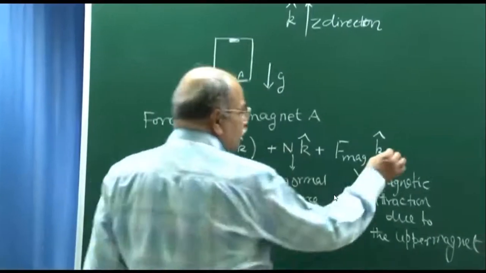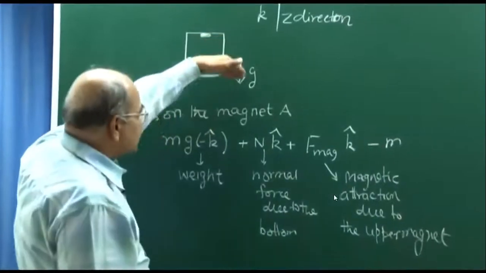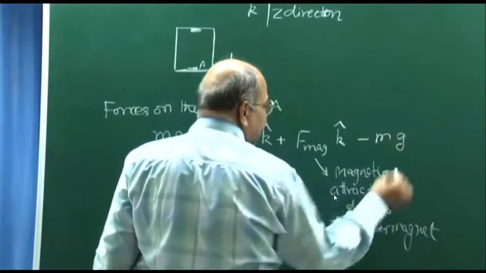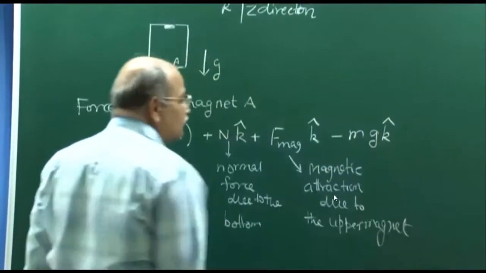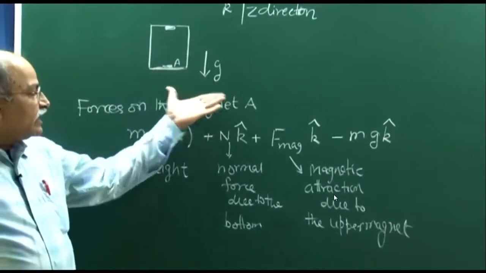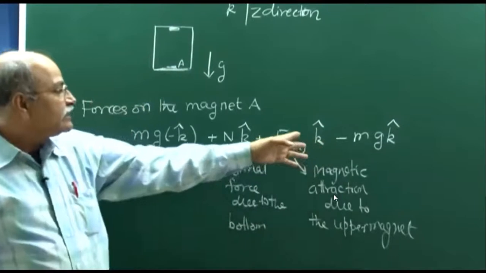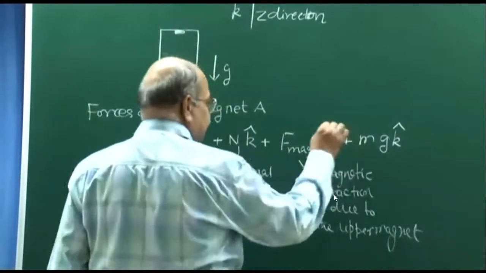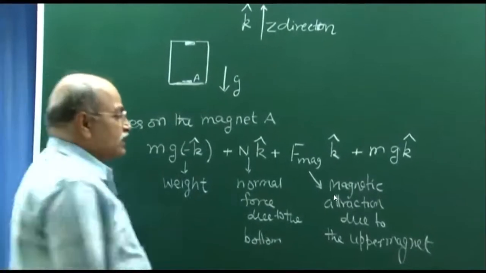So, it is minus mass of the magnet times the acceleration of the box, which is g in the downward direction, so minus m times minus g k cap. The acceleration is downward and this pseudo force is in the upward direction. So, plus mg k cap. This is the pseudo force.